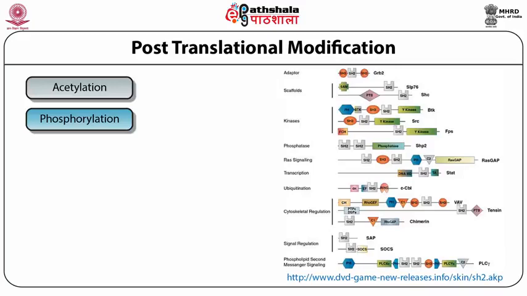Now come to the third post-translational modification process, called hydroxylation. Hydroxylation is a chemical process through which a hydroxyl group is introduced into an organic compound. In biochemistry, hydroxylation reactions are often facilitated by enzymes called hydroxylases.